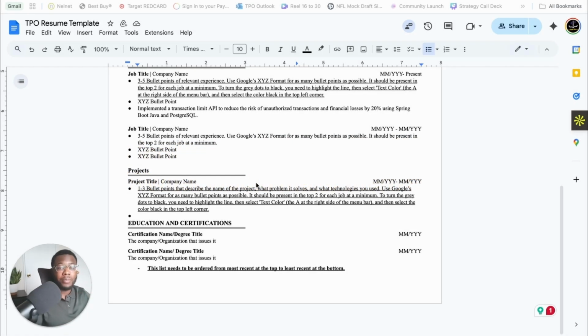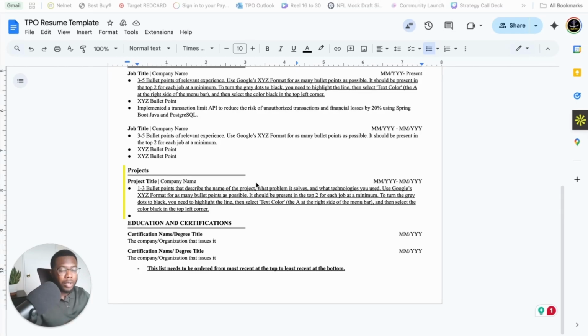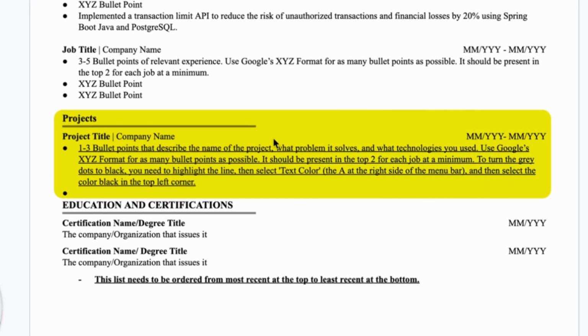And then once they know what problem it solves and they realize that it's relevant to them, or that they agree that the problem is worth solving, then they would probably look at the technologies that you've used, and then they'll probably call you for an interview. You want to make sure that you're always thinking about, if a recruiter was looking at this and they had no clue what I was talking about, what's the best way that I can articulate myself? That's how you would do it.